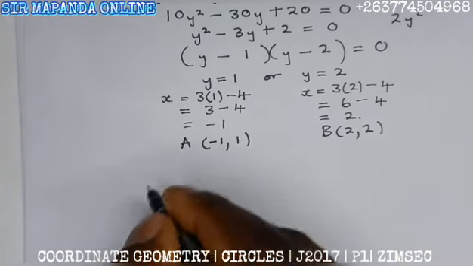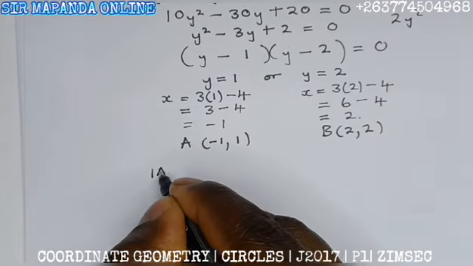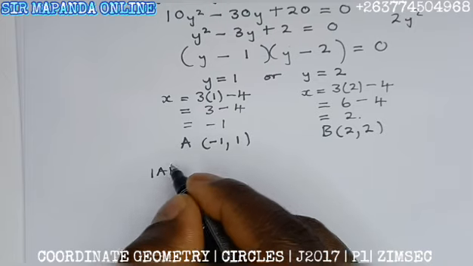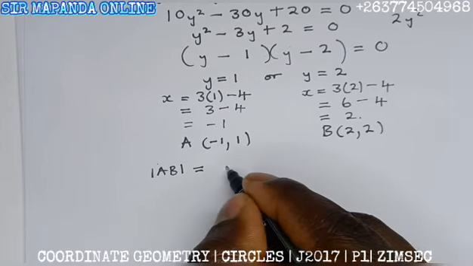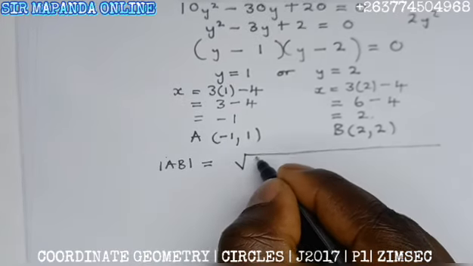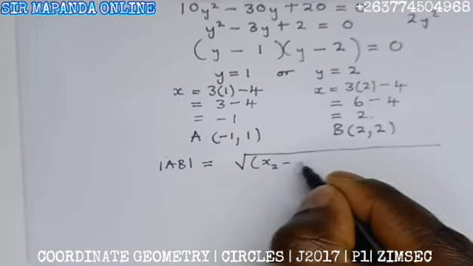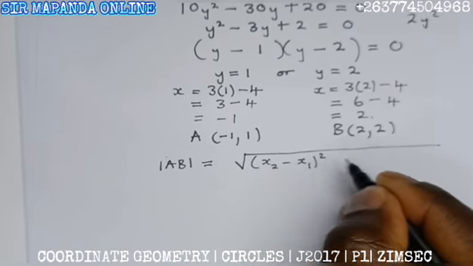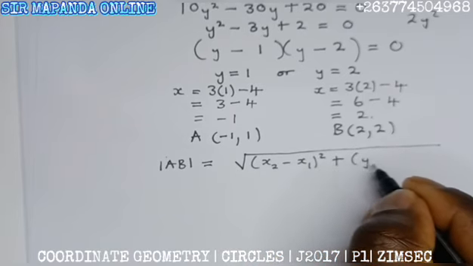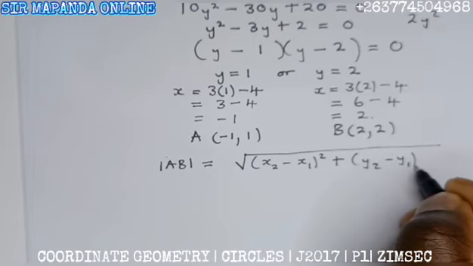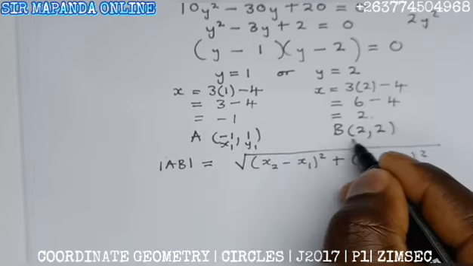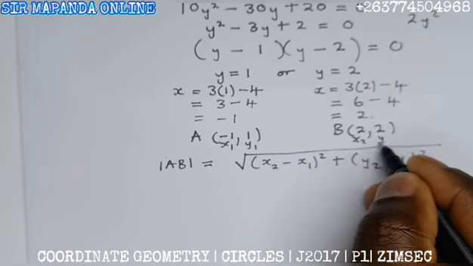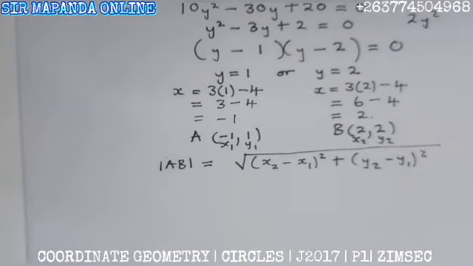So to calculate the modulus of AB, we can use the formula square root of x2 minus x1 squared plus y2 minus y1 squared. So this is x1, y1. This is x2, y2.